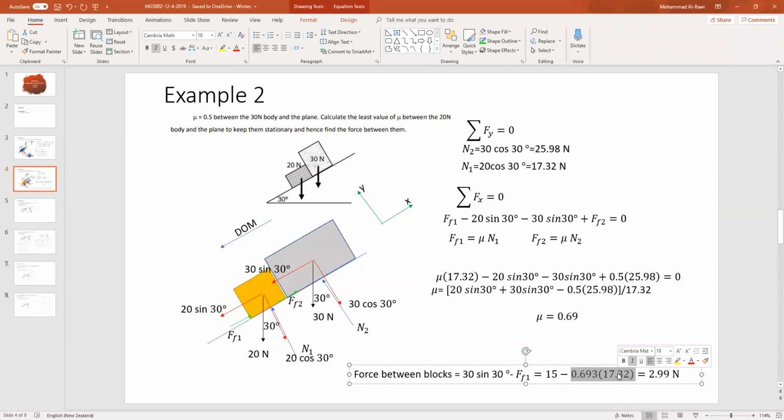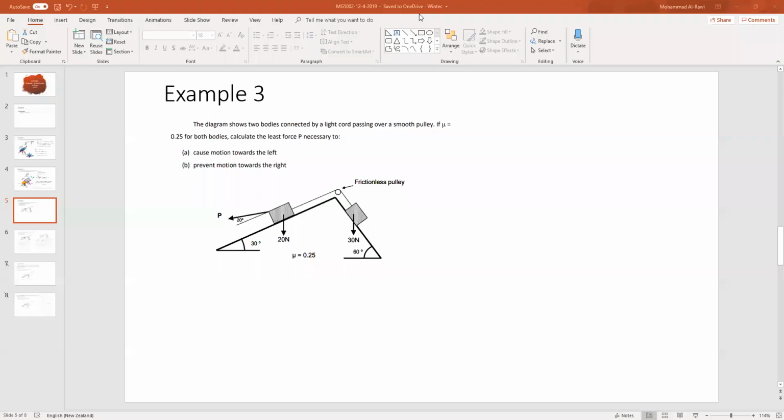There is a positive force acting downwards, and against that there is a friction force trying to slow it. So if you subtract them, you'll find the force between them is about 2.99 newtons. All right.